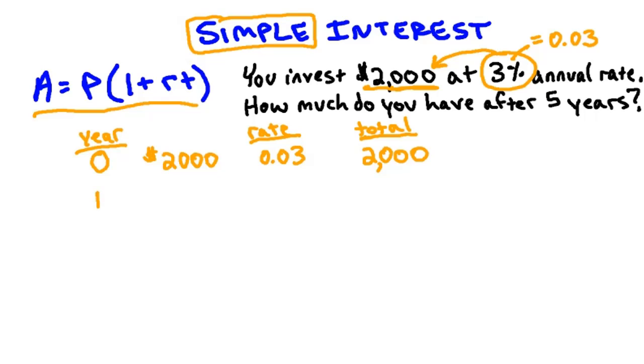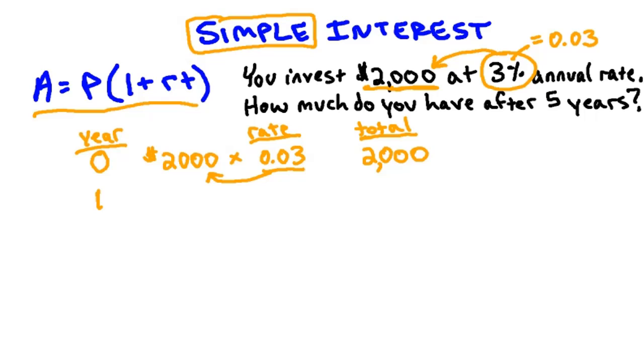But then after a year passes, in year one, you're going to earn 3%, or 0.03, of that $2,000 in interest. So if you just take 2,000 times 0.03, that's why we change the 3% into decimal form, so we can multiply it.